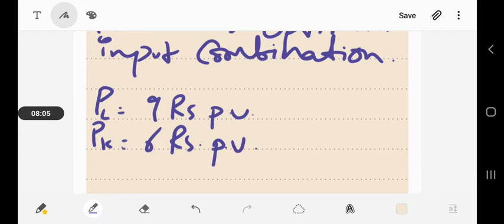Also, assume that any amount of labor and capital can be bought at these respective fixed prices.